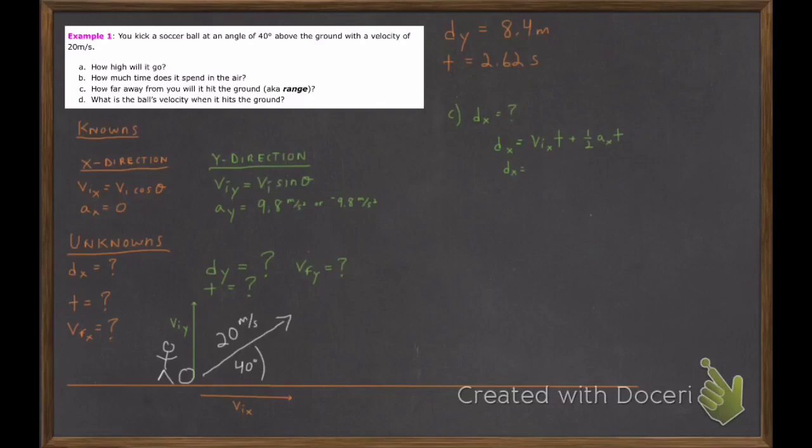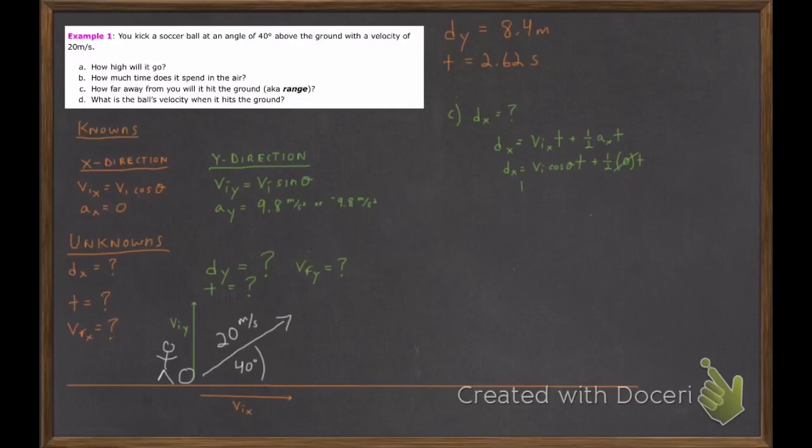the range will equal our VIX. Now, what's our VIX? Well, we said it was VI times the cosine of theta, times the time, plus 1/2. What's the A? We said the AX is 0, times the time squared. So that cancels that entire expression out.